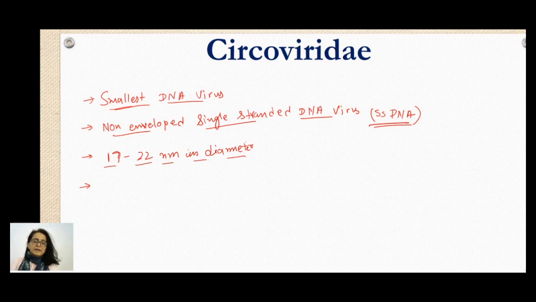They are stable in the environment at a wide pH range, that is 3 to 9.